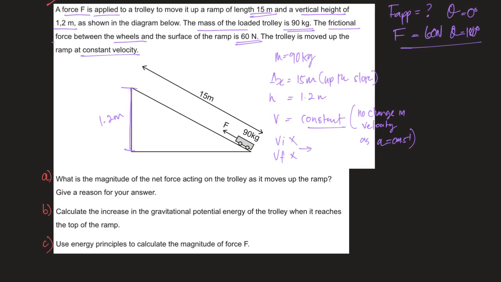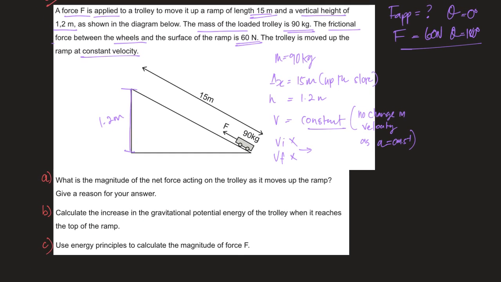All right, the next thing it says here, let's look at the questions. A, the magnitude of the net force acting on the trolley as it moves up the ramp, and give a reason for your answer. So they want F net, essentially.